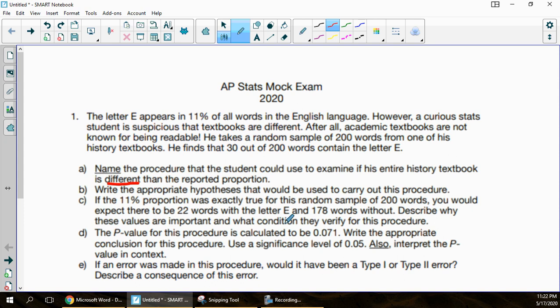Because my sample size is large enough, because I have enough successes and failures, my sampling distribution will be approximately normal.